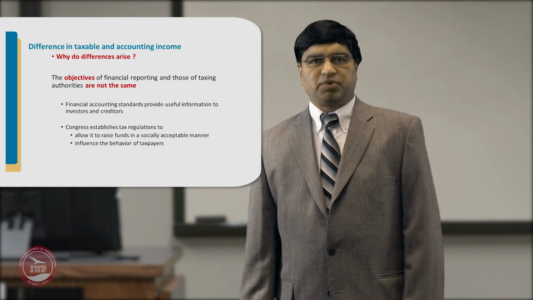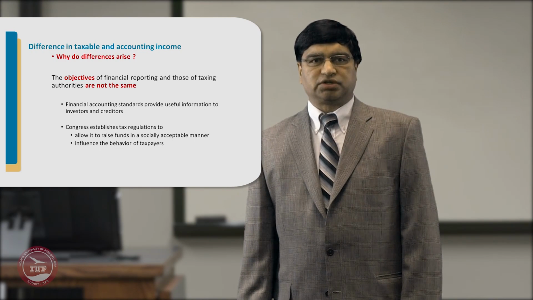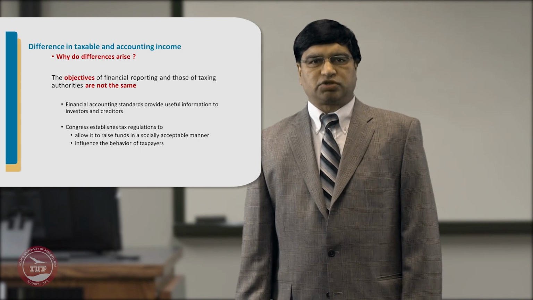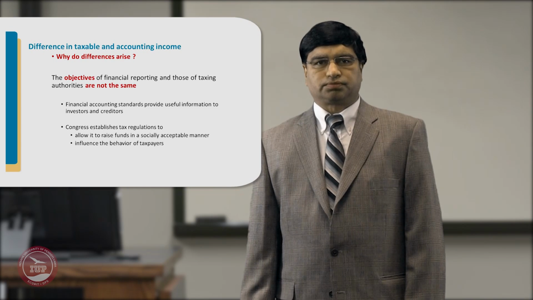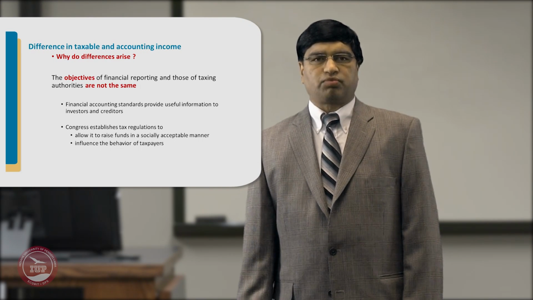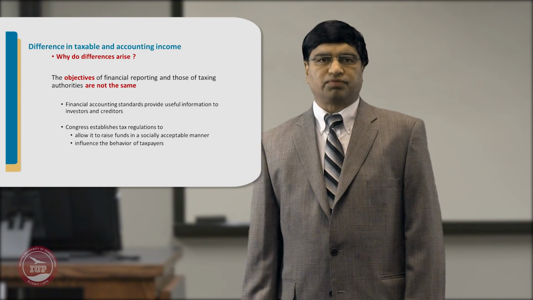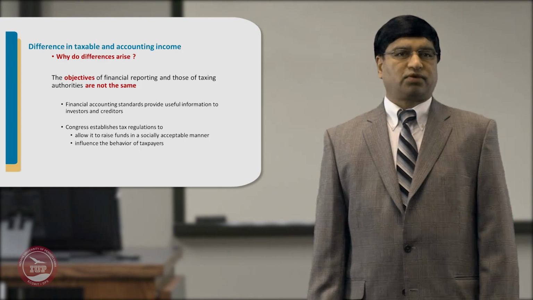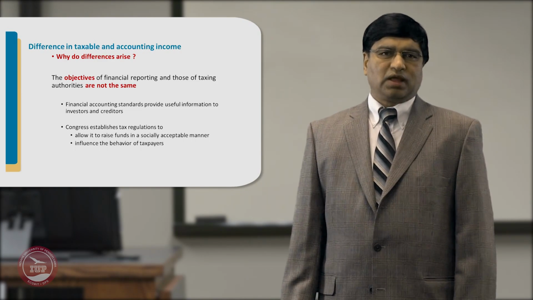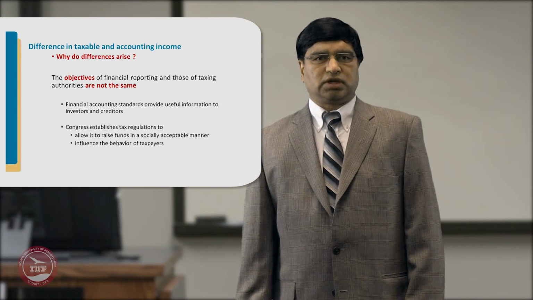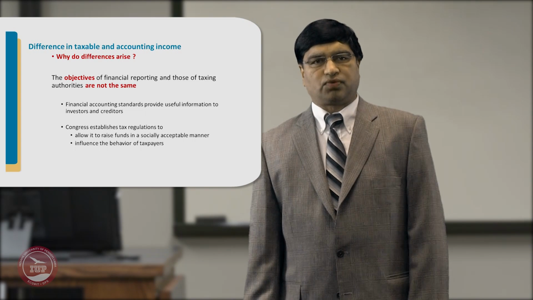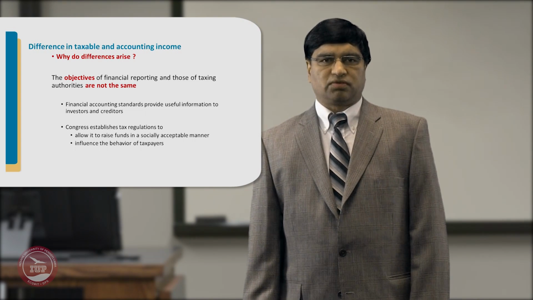So, generally speaking, there is a difference between the revenues and expenses reported for tax purposes and also revenues and expenses reported under the accounting income. Why are there those differences? Why is the taxable income different from the accounting income? One of the primary reasons is that the objective of financial reporting is not the same as for the Internal Revenue Service.